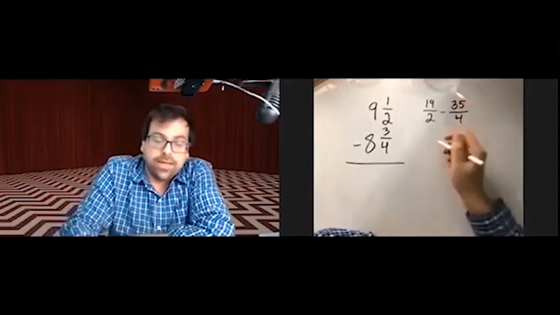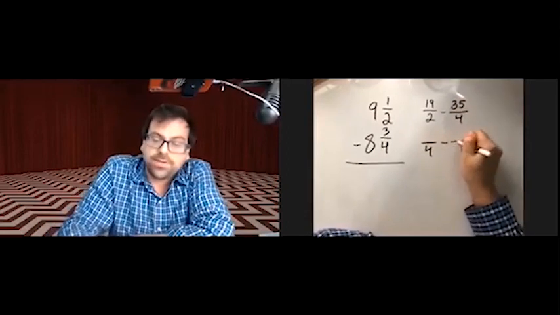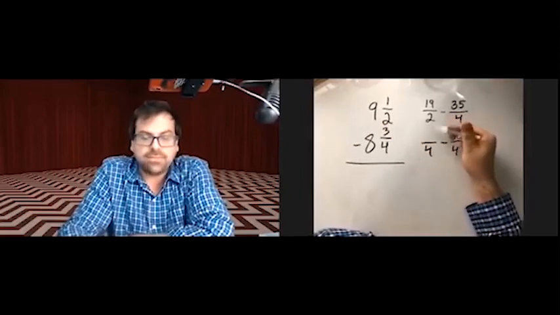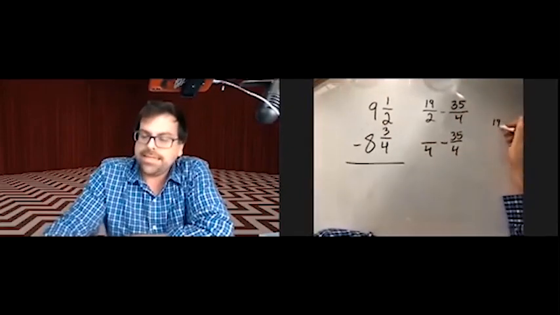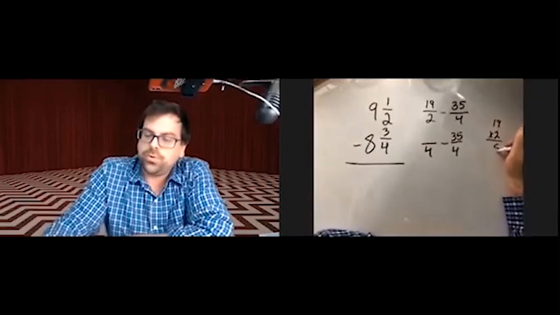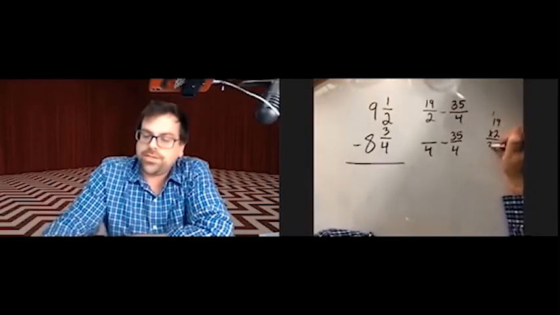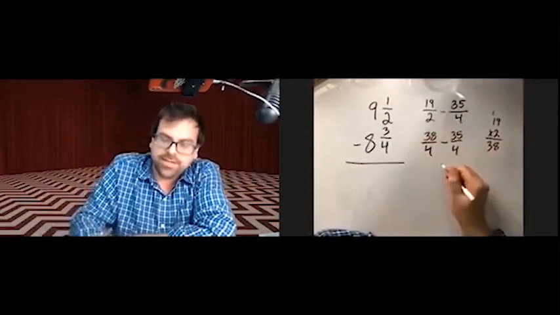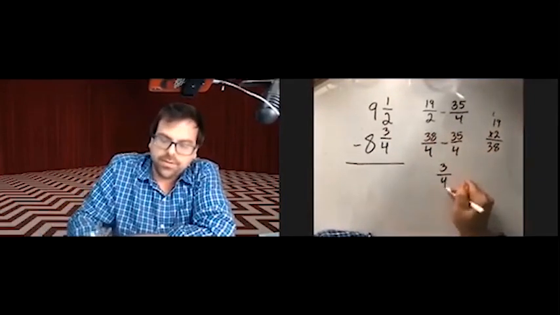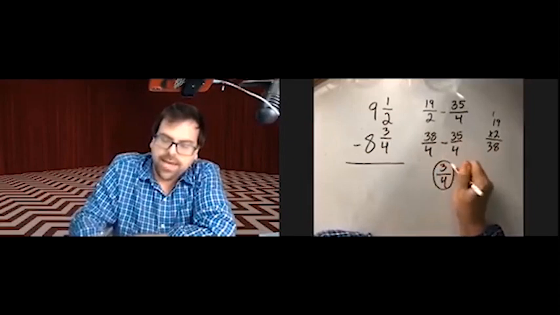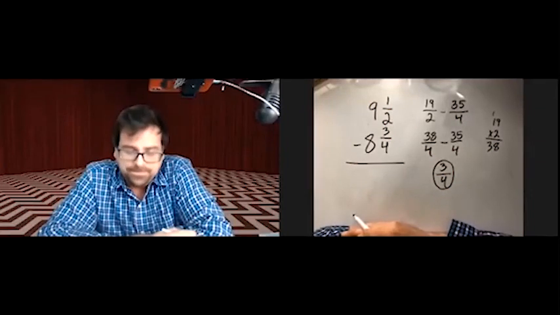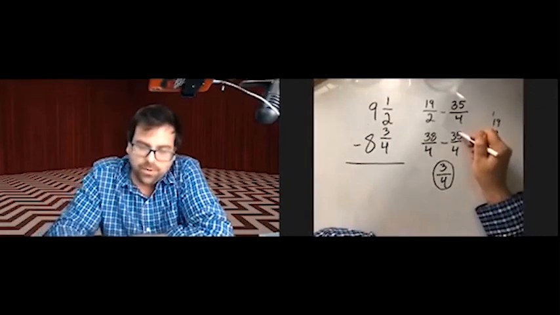If we make these both fourths, the second one doesn't change, but the first one has to be times 2. 19 times 2 is 38. So this is 38 fourths minus 35 fourths, which gets us a nice answer of 3 fourths. 38 minus 35 gives us 3. Keep the 4 on the bottom.